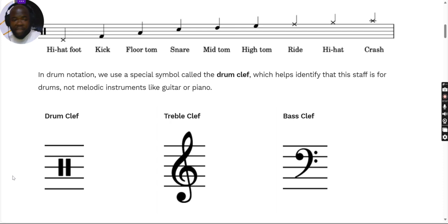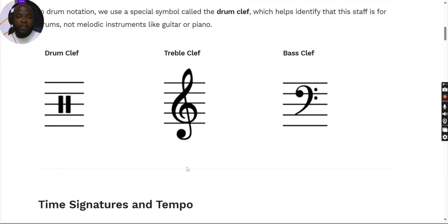That's the clef we use for the drums, just like the treble clef, which you can see on almost all instruments like the saxophone, the piano, the guitar. The bass guitar most times uses the bass clef. You could see the treble clef on most string instruments, horns, and the rest of them.